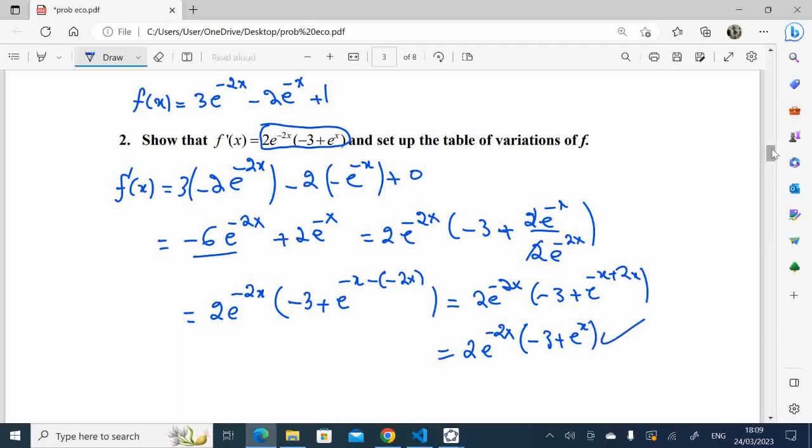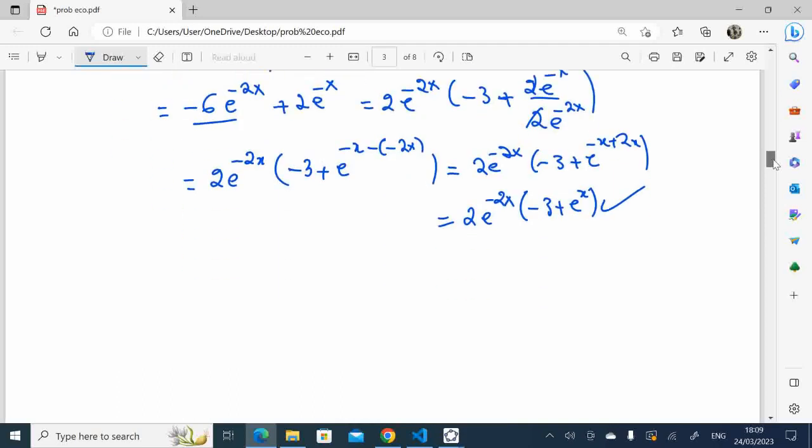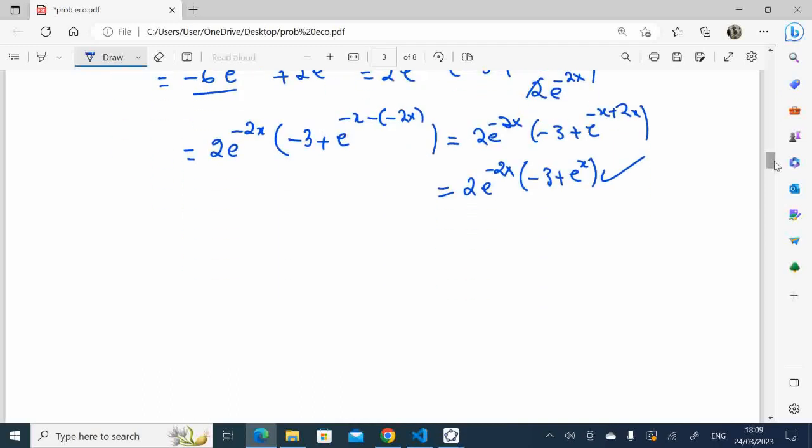Now we have to set up the table of variation. In order to set up the table of variation, first I have to solve f prime of x equal to 0, which means the product of factors equals 0. So the first one is 0 or the second one is 0, but obviously the first term can't be 0 because exponential can never be 0. This is impossible.